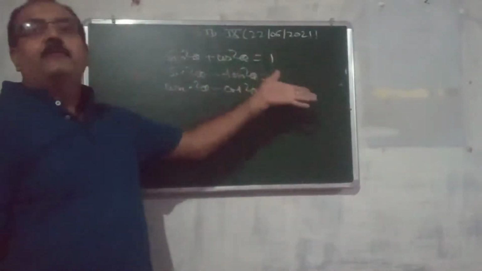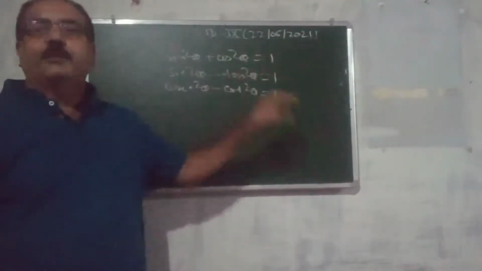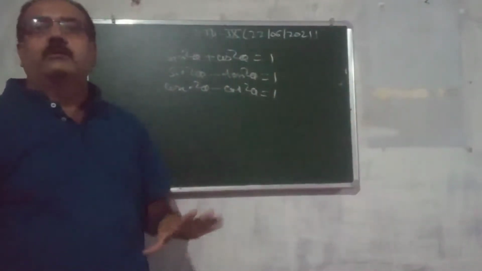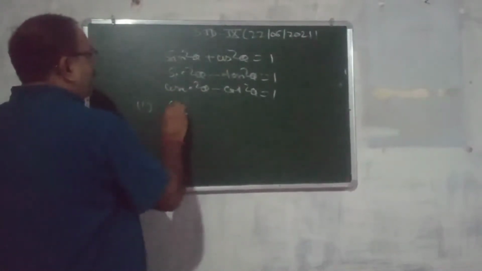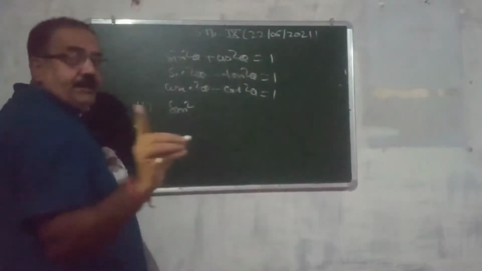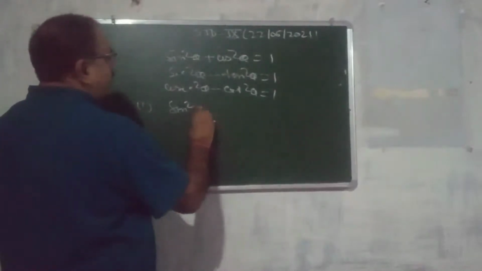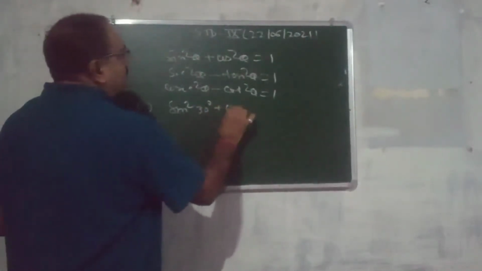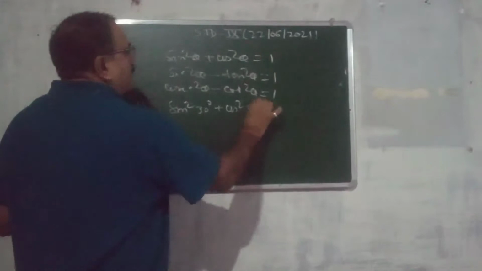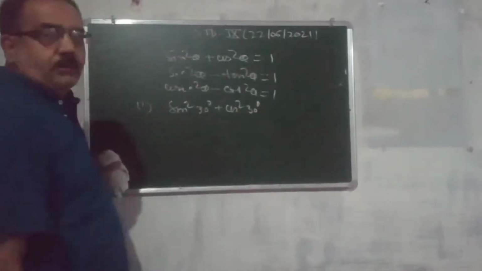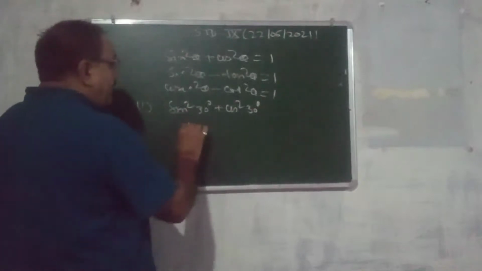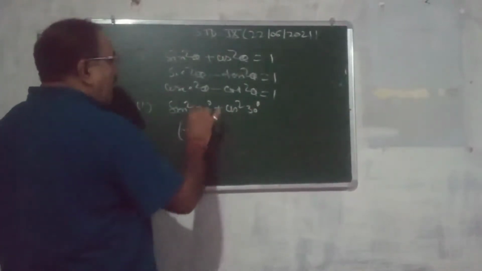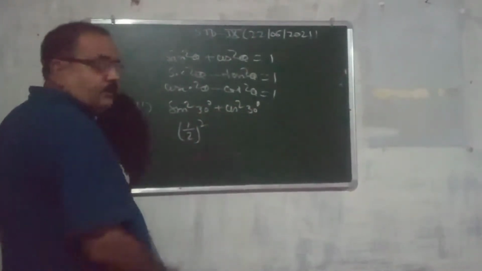Now we will verify these formulas by taking the same angle, whether it is coming equal to 1 or not. First, sin square theta, take 30 degree. So sin square 30 degree plus cos square 30 degree. Sin 30 is 1 by 2, squared.